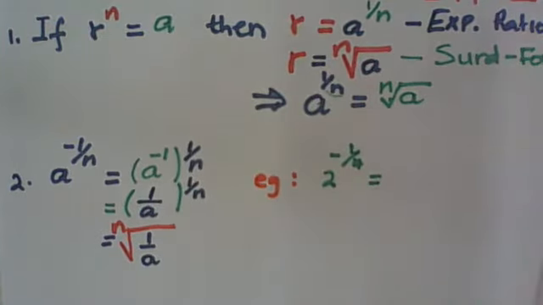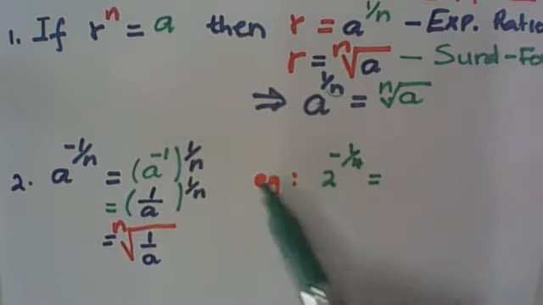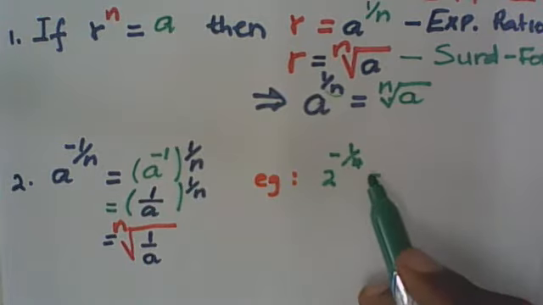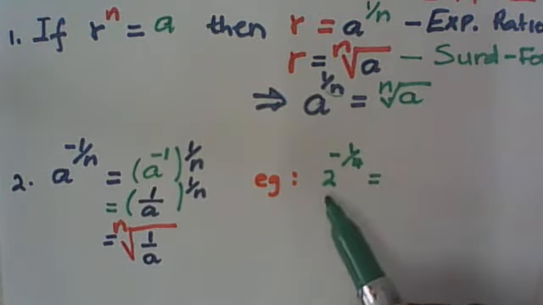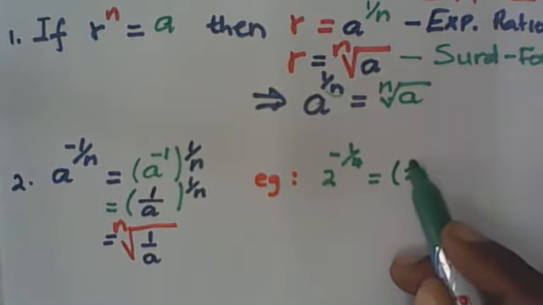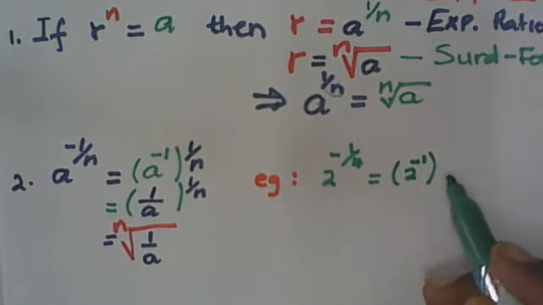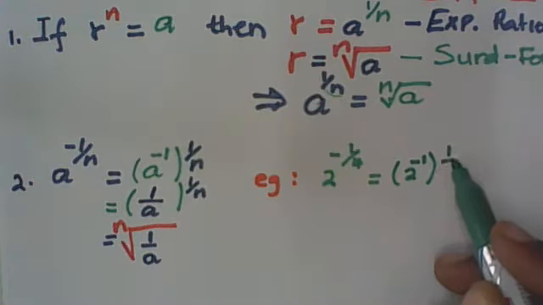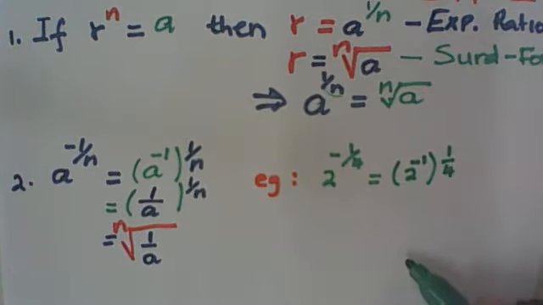Let's work it out first. This is 2 to the power negative 1, then to the power 1 over 4.